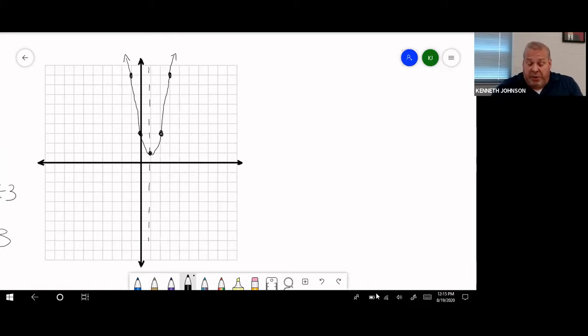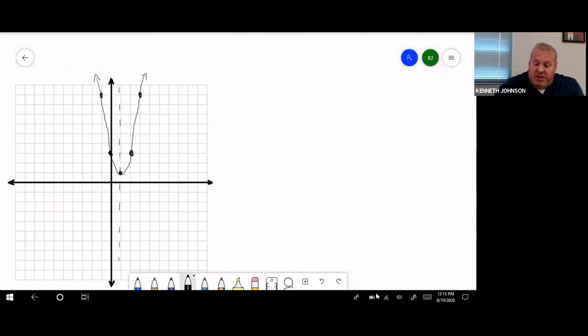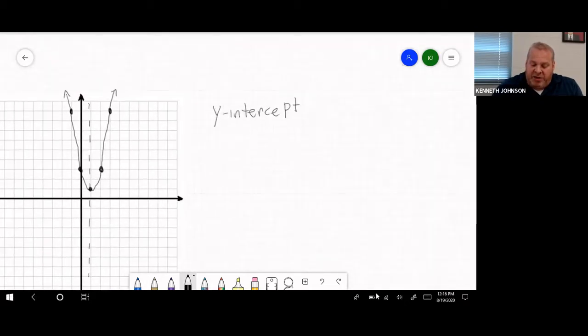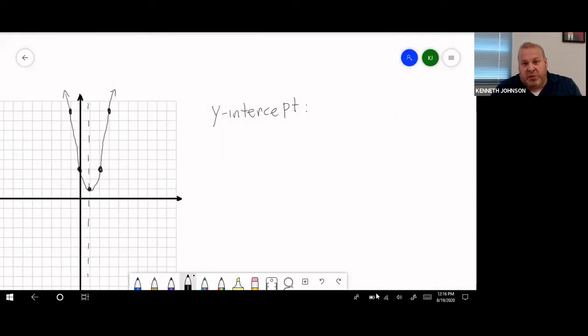Now, there's some features that we need to probably talk about on this. The first one is y-intercept. So the y-intercept is where it hits the y-axis, which is right here.